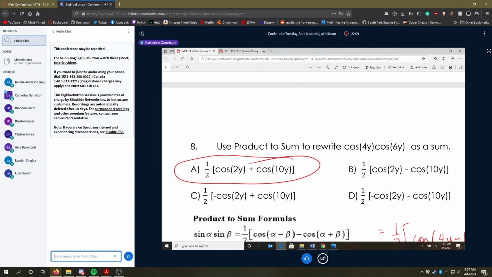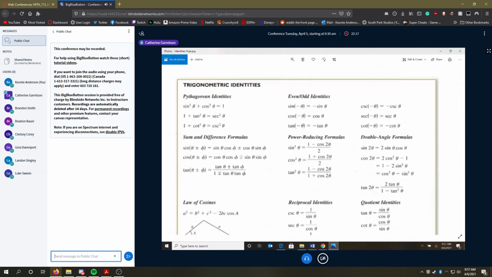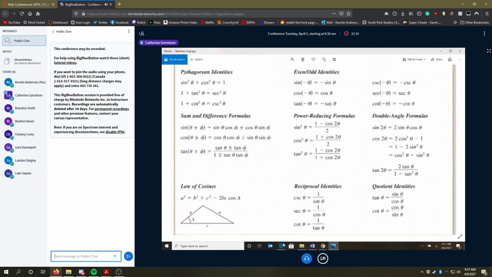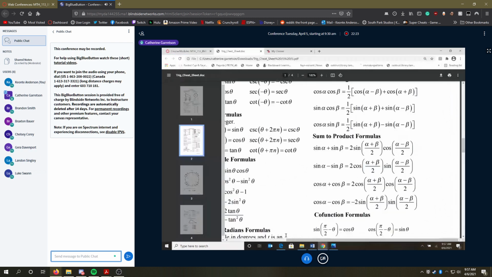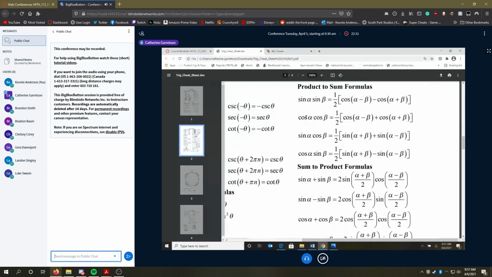So I go to product to sum, and I look for two cosines multiplied together. So on this one, I don't have what I need. So I go to the other one, which was in PDF form, and I'm looking for the product to sum that has the two cosines multiplied together.